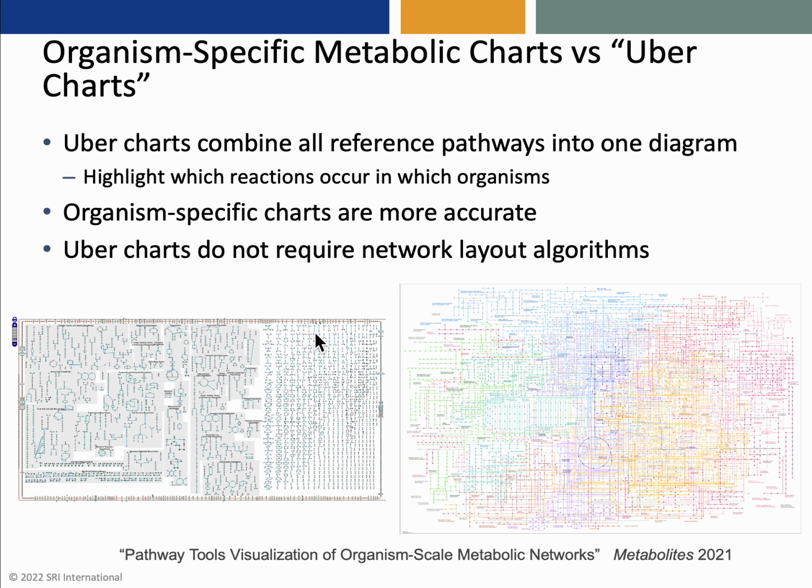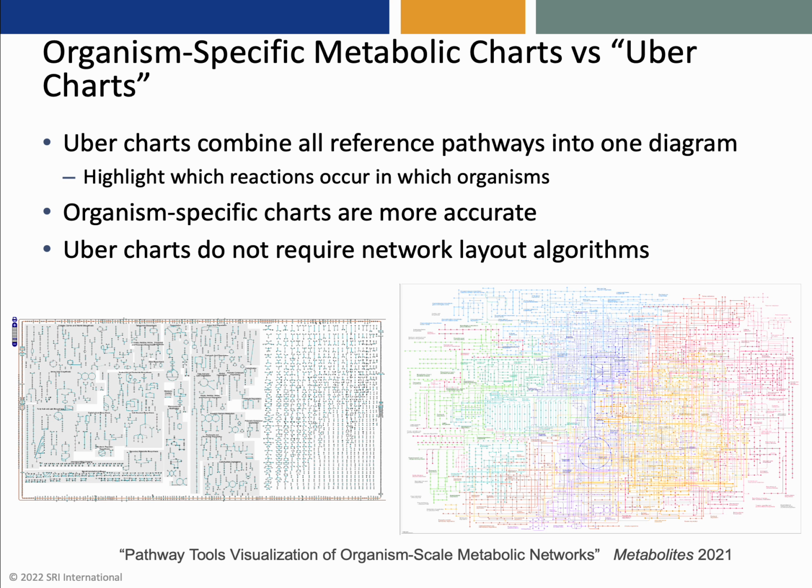Now, one possible advantage of organism-specific diagrams is they can be viewed as more accurate because they depict exactly the set of pathways and reactions in one organism, and they don't include additional pathways. They're also simpler in that, for example, E. coli has roughly 400 metabolic pathways, and we're including only those 400 as opposed to the other 2,900 pathways across MetaCyc.